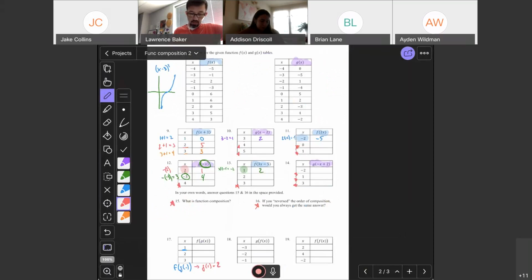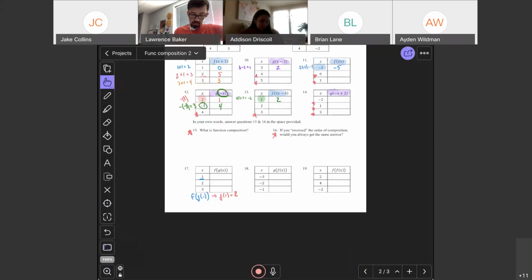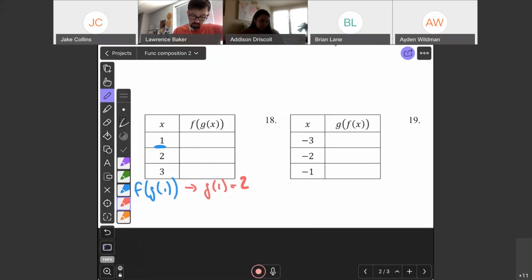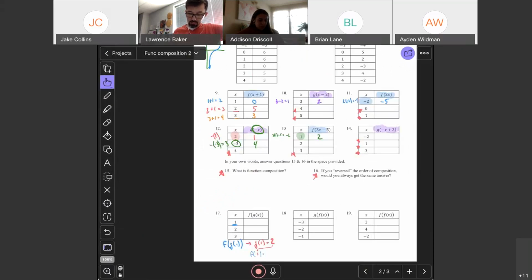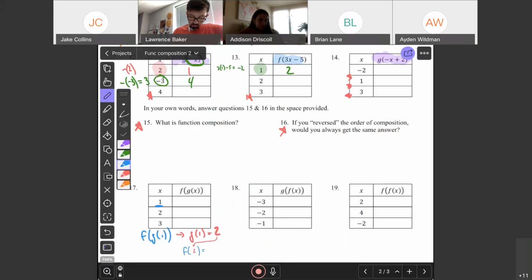We took that 2 and said f of, and now that 2 went over here. So now we're finding f of 2, and go back to the tables, but make sure you go to the f table now. So f of 2 is 0. And that 0 goes up there.